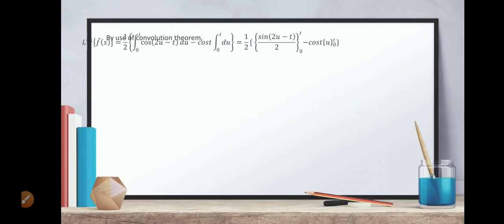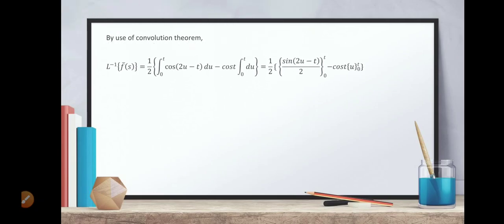After appropriate integrations, you will get the answer as 1 by 4 into bracket sin t plus sin t minus 1 by 2 cos t into bracket t minus 0, with upper and lower limit substitution. Simplifying this, you will get 1 by 2 sin t minus 1 by 2 t cos t.